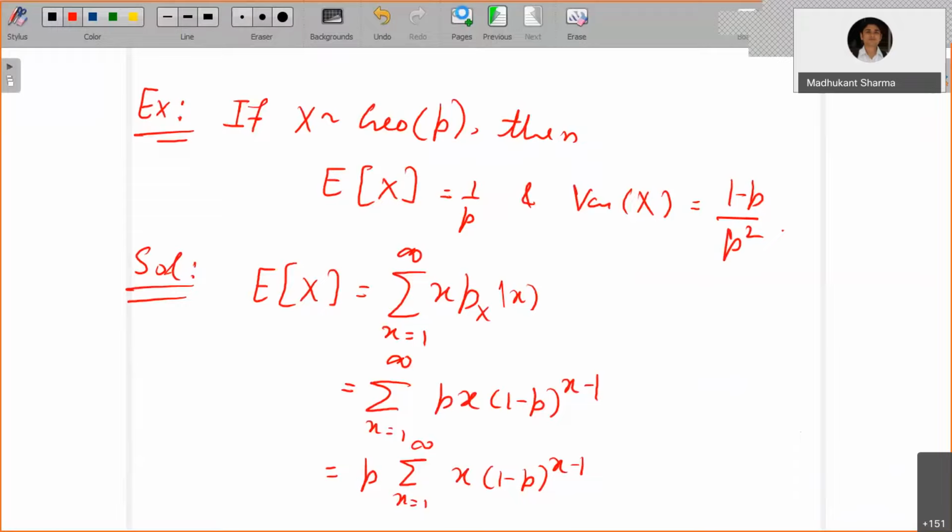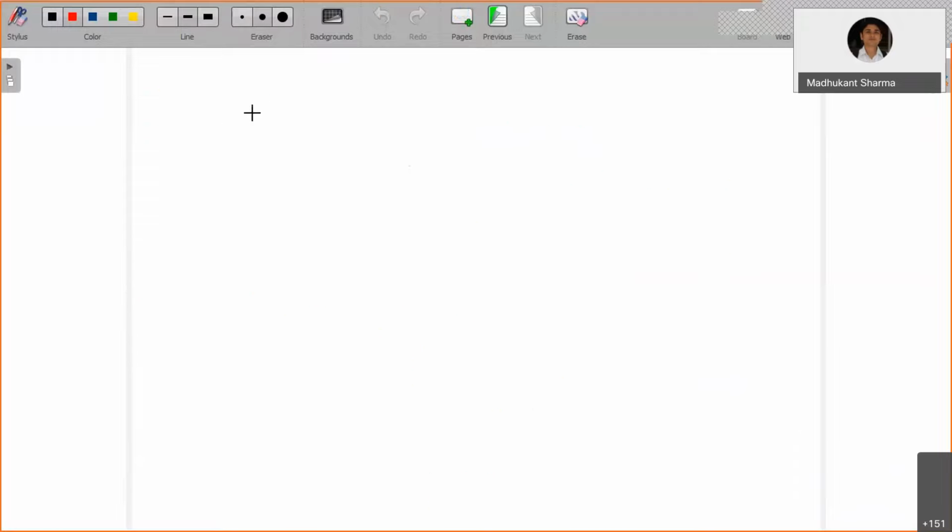So you are looking at S equals summation x equals 1 to infinity of x times (1 minus p) to the power x minus 1. Okay, right.